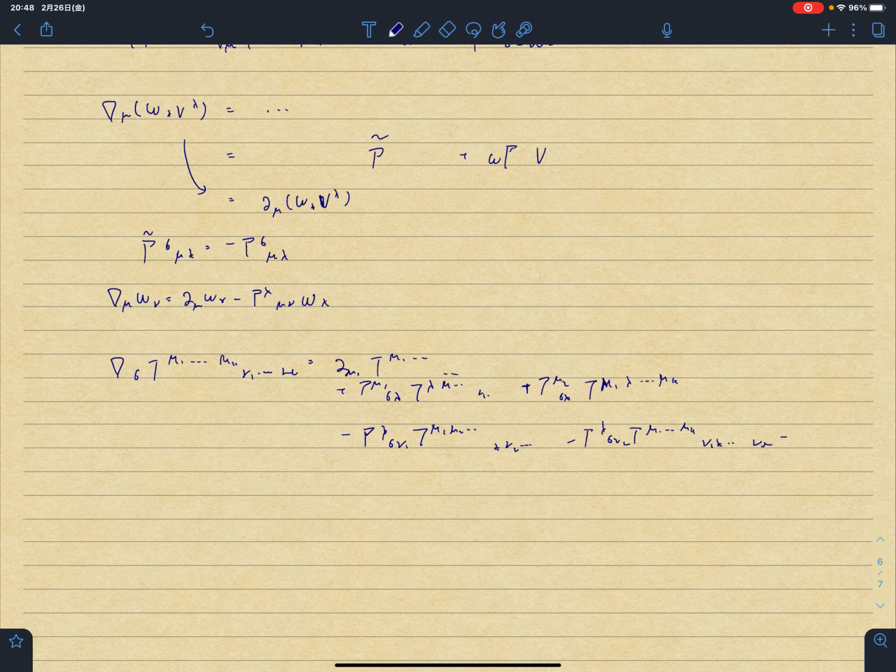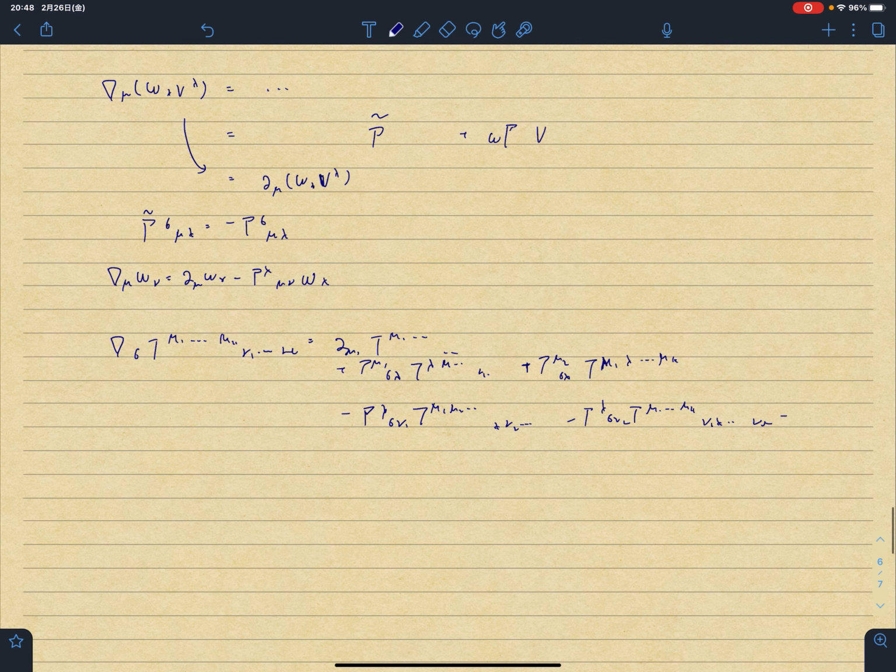Just as a comment, a comma is used for partial derivatives and a semicolon for covariant derivatives. So we denote sigma, de, and semicolon.